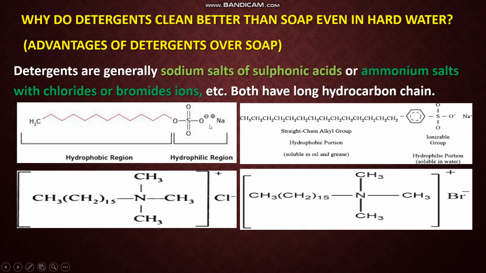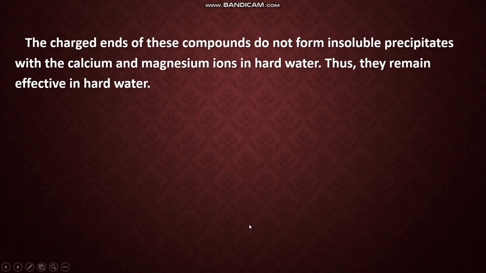Like soap, these molecules also have an ionic part and a non-ionic part, you can see. But the difference here is that the charged ends of detergent molecules do not form insoluble precipitates with the calcium and magnesium ions in hard water. You have seen already that in the soap molecule, the charged end forms an insoluble precipitate with calcium and magnesium.